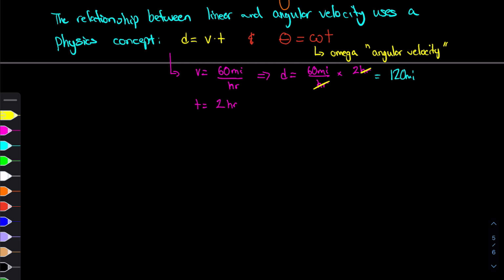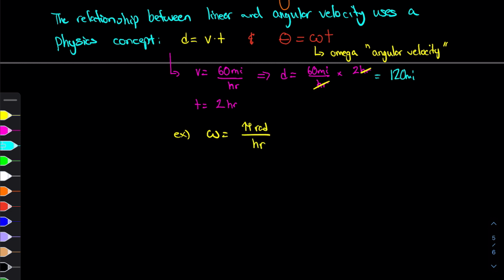So why does this make sense? Because, for example, if I tell you that your angular velocity, your angle is changing at, let's say, pi radians every hour, right?